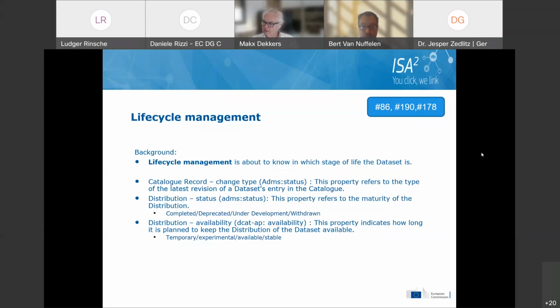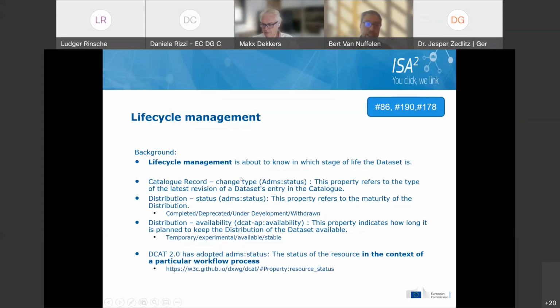Now, if we look to W3C, then DCAT 2 has added an extra property and inherited ADMS status in a more general statement. The definition of ADMS status is the status of the resource in the context of a particular workflow process.